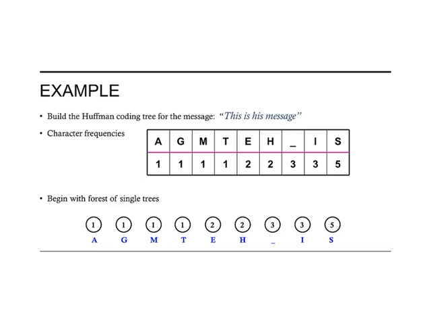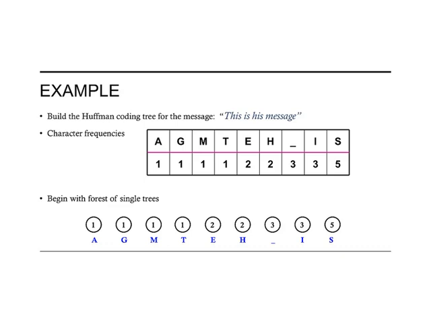So what I will do is compute the frequencies of each one of the characters that appear in the message. I have a T, an H, an I, an S, an E, an M, a G, and I believe that's all. The blank too.